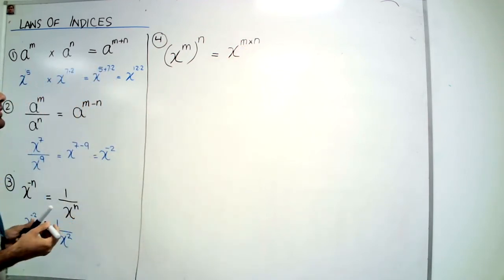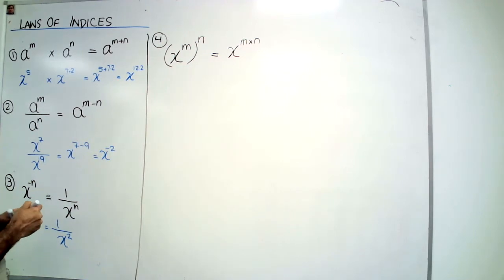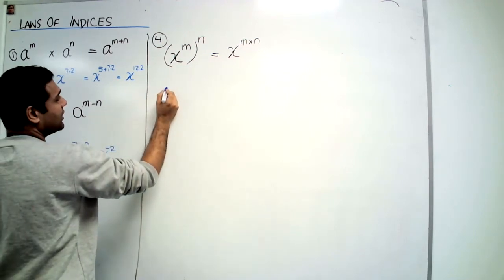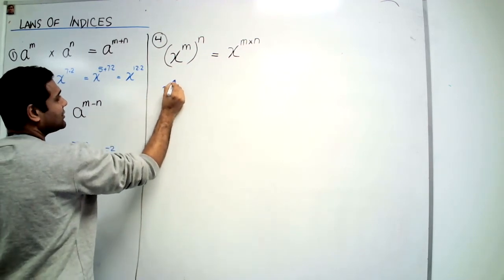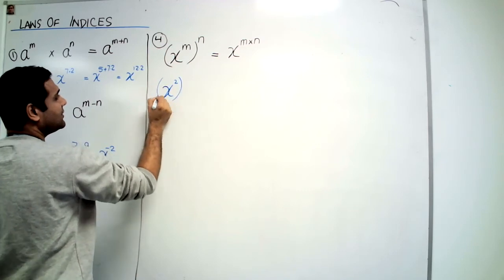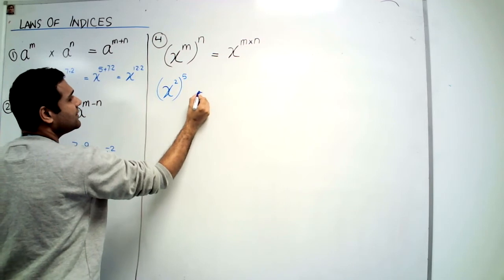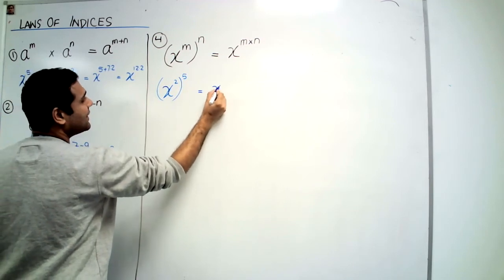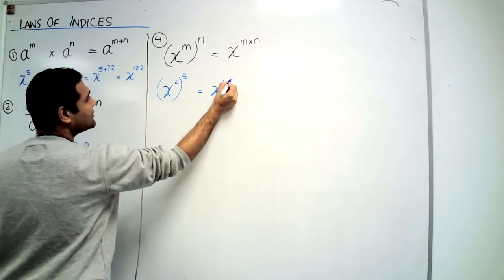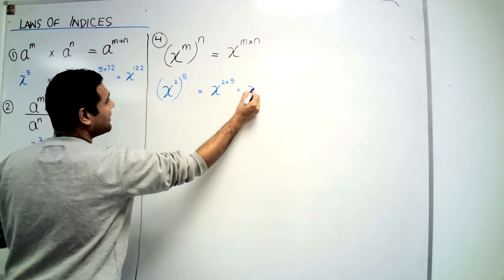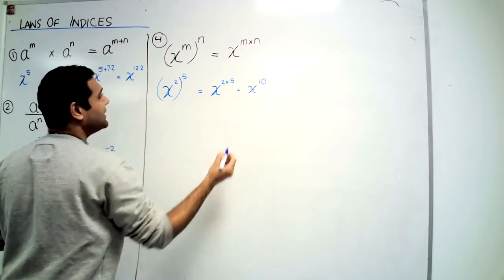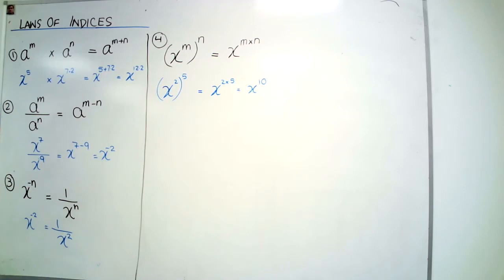For example, let's say you got x squared to the power 5. That will be x to the 2 times 5, which will be same as x to the power 10.